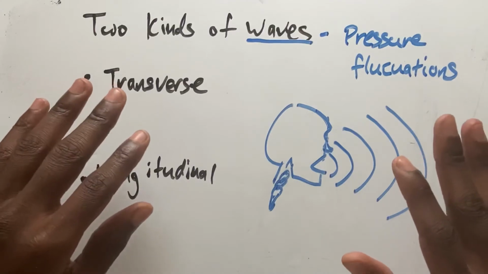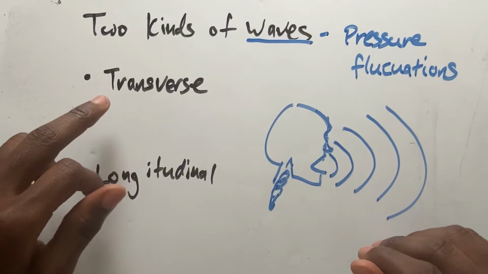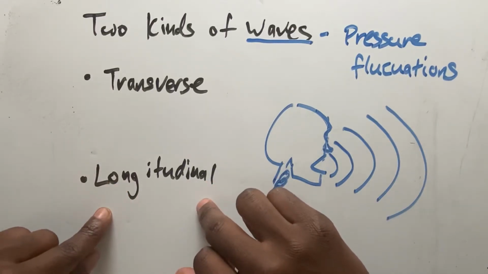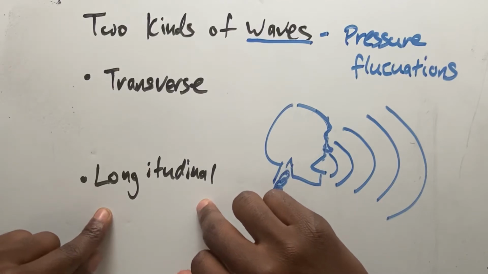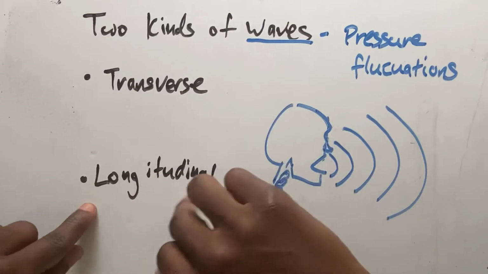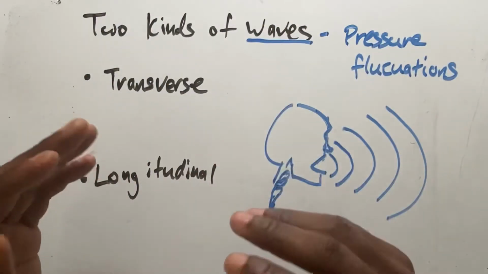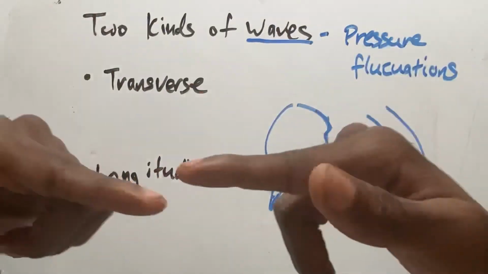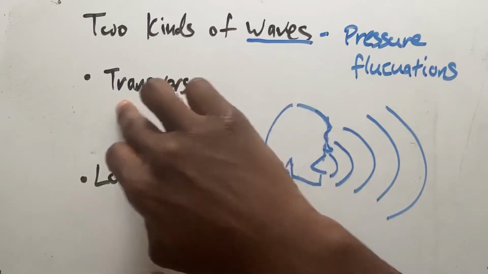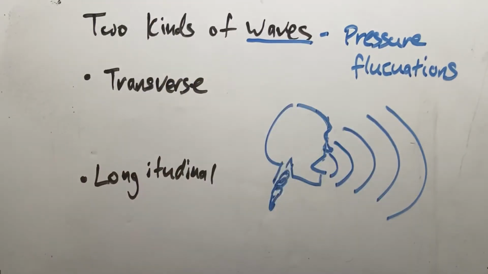I think a good way to remember that is, well, I think it's easier to just remember longitudinal. So this is a longitudinal wave, excuse me, because it goes long ways. So left and right, it goes long ways. And this is a transverse wave. A transverse wave goes, actually, let me check.